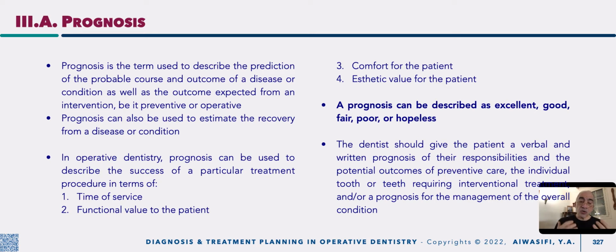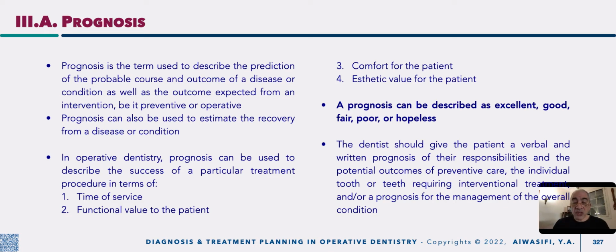Accordingly, the operator should describe to the patient on a scale the expected prognosis in each condition. Excellent prognosis means that you performed all your job in a perfect way, and the patient also performed his job and his responsibilities in a perfect way, and so on.